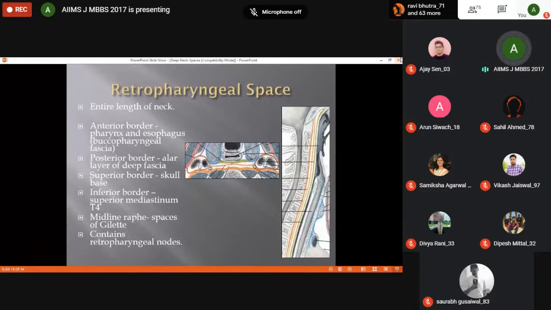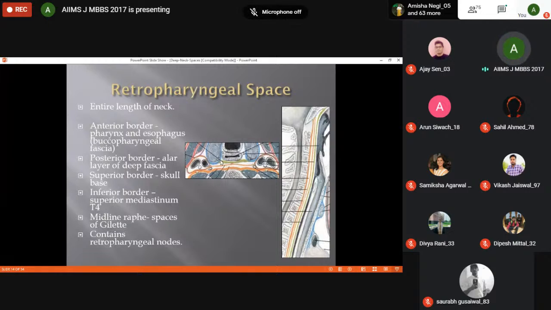Then there is the retropharyngeal space. I already discussed it in detail. This is the middle layer of deep cervical fascia, that green line. This is also the buccopharyngeal fascia. So the anterior border is the buccopharyngeal fascia, which covers the pharynx and esophagus in the posterior part.